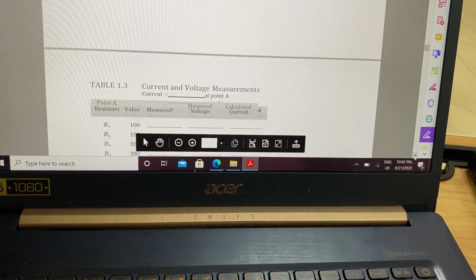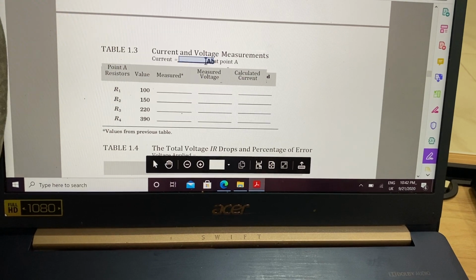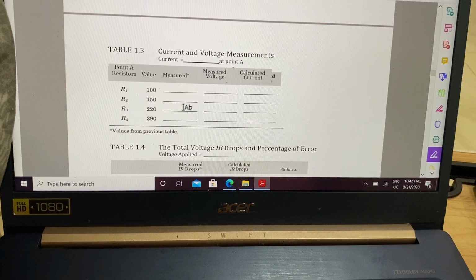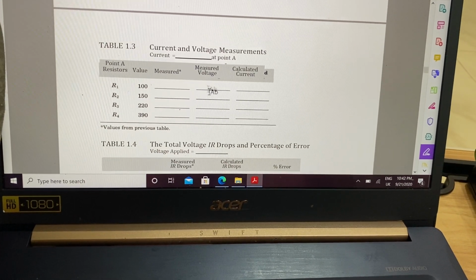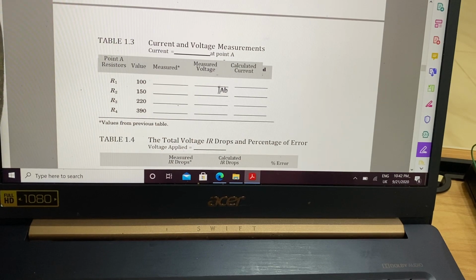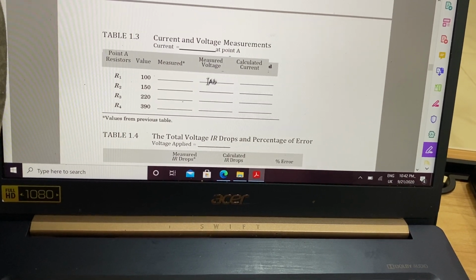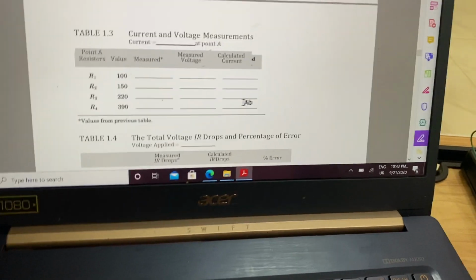Here it says measure the current here at point A, and for each resistor you will just put the measured resistance. Here you will measure the voltage drops of each component or each resistor, and then you will calculate the currents.